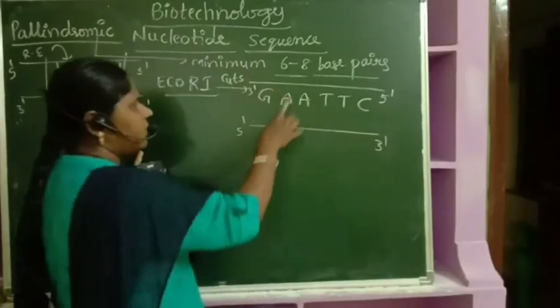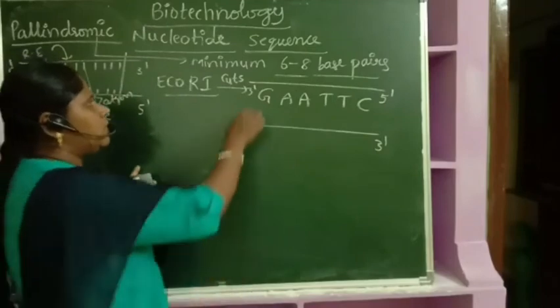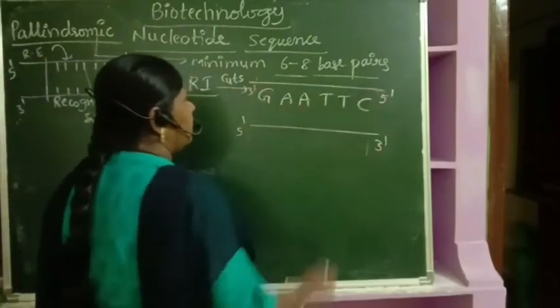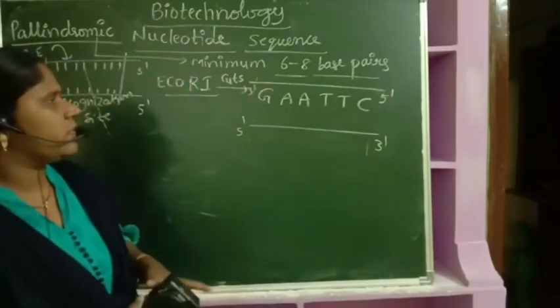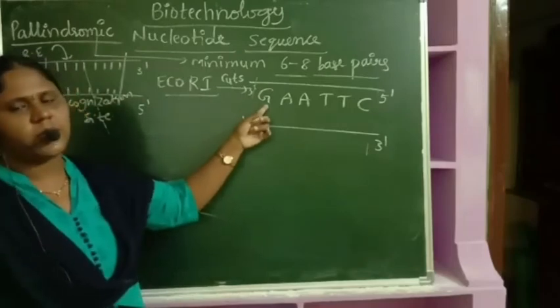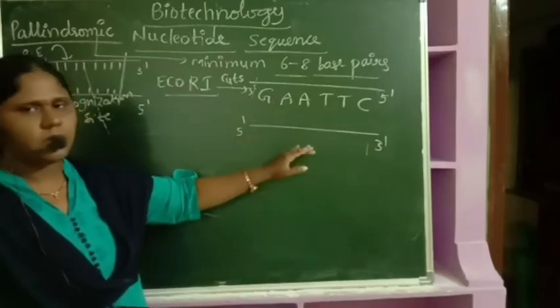Let us think this is an even cut or blunt cut. Both terminal ends are the same here. Once you know the sequence on one strand, we can automatically find the sequence on the opposite strand.